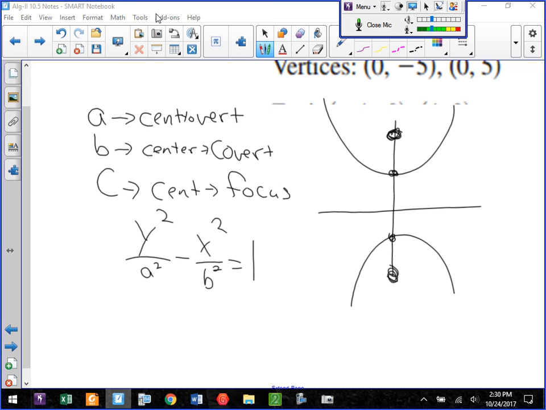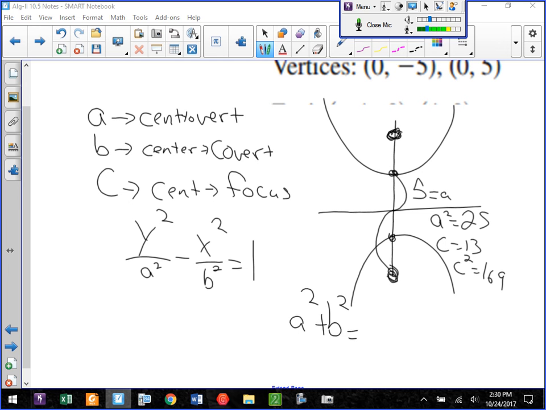Now, what's your value of A? It's 5. Your A value is your distance from your center to your vertex. Which means if A is 5, A squared is 25. Your center to your focus is your C value. That was 13. So what's 13 squared? It's 169. Which means you have to go back and think about, all right, it's A squared plus B squared to get you C squared.